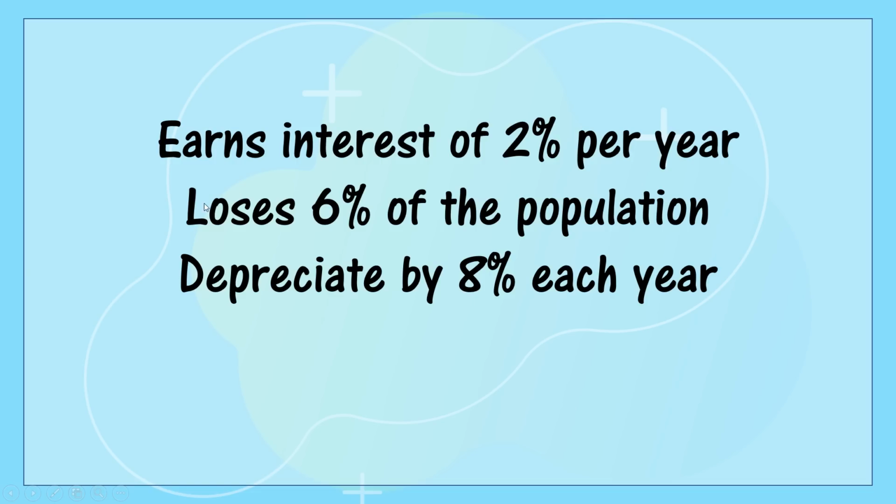Yung unang phrase, it earns interest, so nag-i-increase siya by 2%. The next one, it loses 6%, nababawasan ng 6%. And then, the same thing with depreciate by 8%, bumababa yung value by 8%.